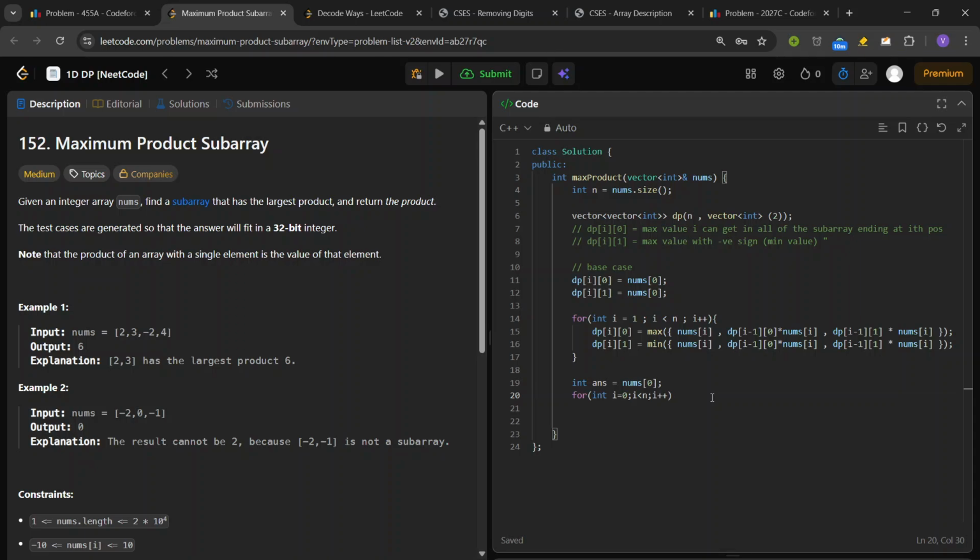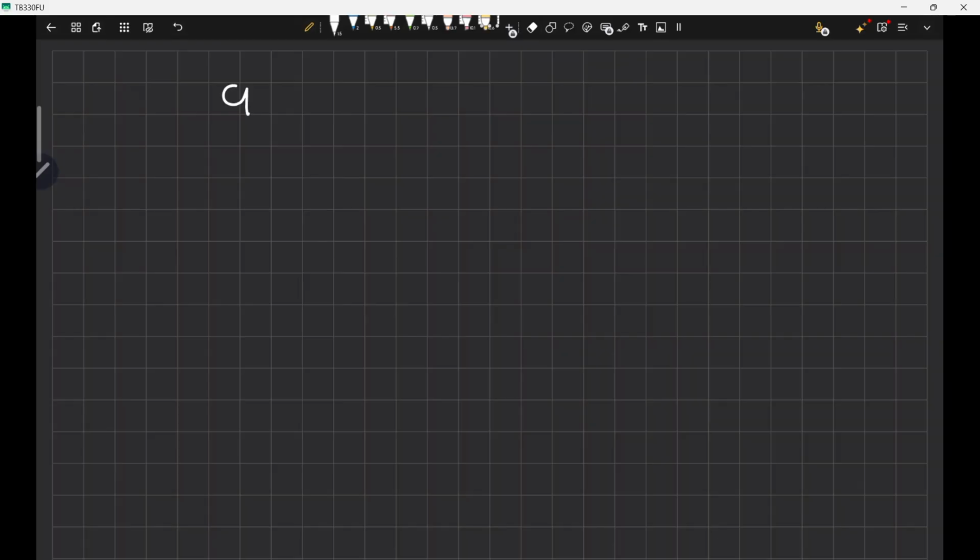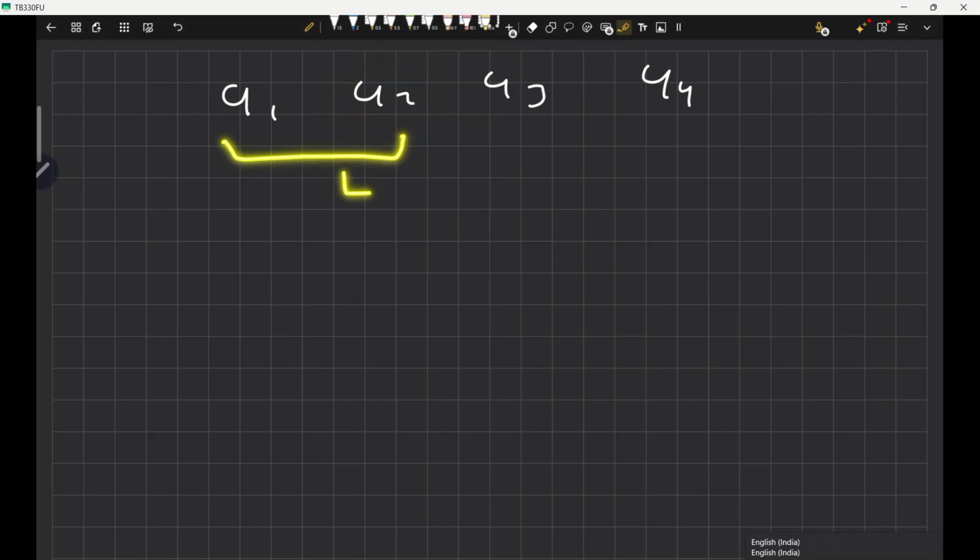Okay, let me just clarify it here on the tablet. So let's say we have these elements, right? Now dp of 1 is showing me the maximum answer for all of the subarrays which are ending at this a2. Then dp of a2 will give me the maximum answer from all of the subarrays ending at this a2.